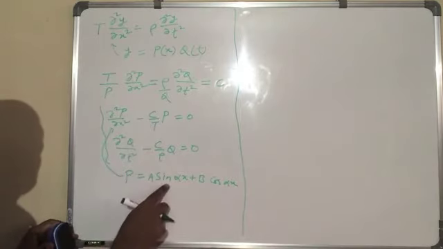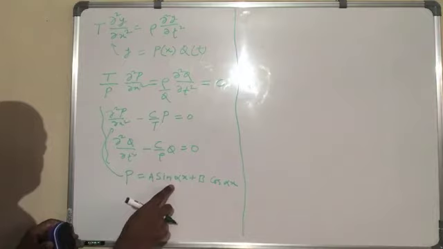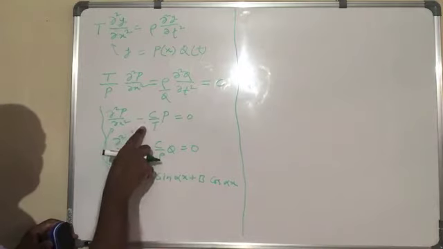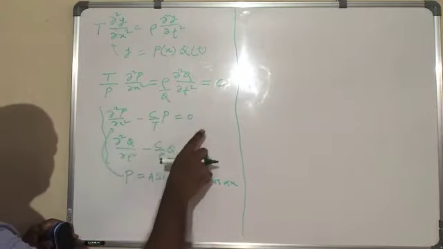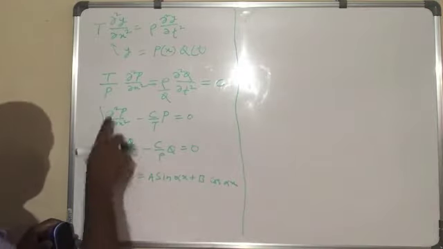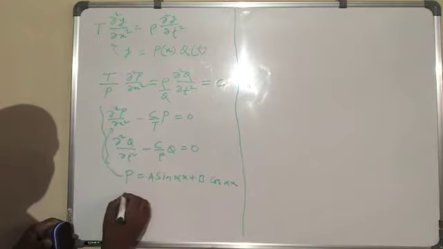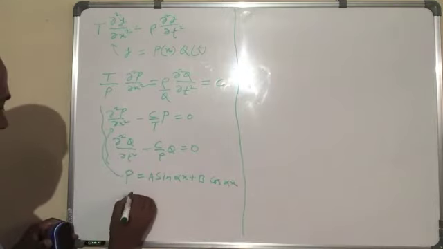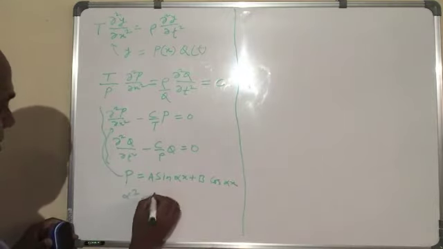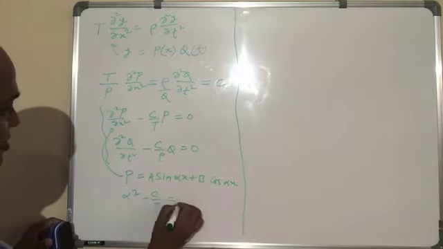If you put it there, this will satisfy when we find alpha squared minus c over T equal to 0.